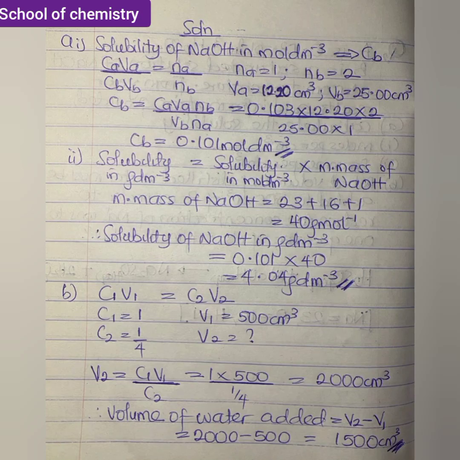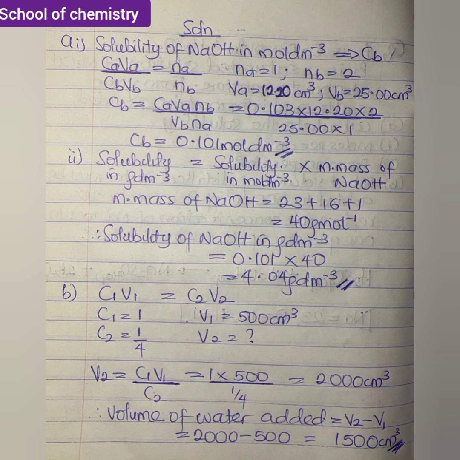So CB is equal to CAVANB over VBNA, when we make CB the subject of the formula. Then the correct substitution, substituting the right values, is also 1 mark, so you must not skip that step. That is 0.103 times 12.20 times 2.